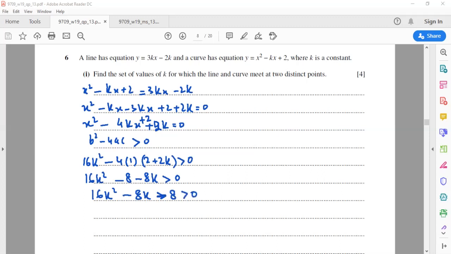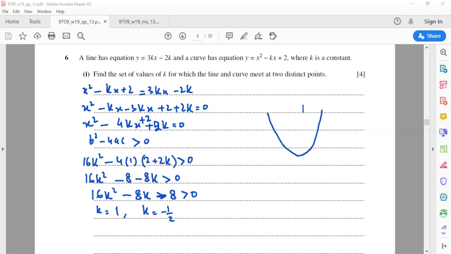Now, since this is an inequality, by using the calculator we get the two values of k here. One value of k is equal to 1 and one value of k is equal to minus 1 over 2. Now, since the curve is this way, because of 16k squared, the first step, k equals 1 and k equals minus 1 over 2.